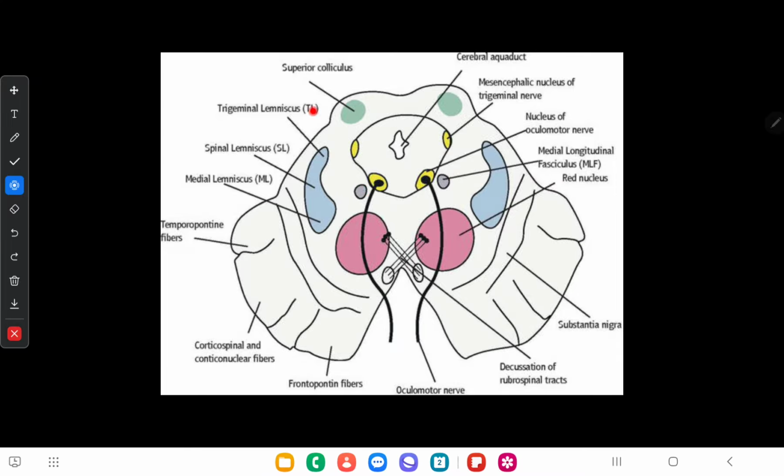Here is also a cross section of the midbrain at the level of the superior colliculus. Remember that each part in this midbrain cross section is important in neuroanatomy when you describe the pathways of cranial nerves. Here is the red nucleus, the substantia nigra, the crus cerebri, and the lemniscus: trigeminal lemniscus, spinal lemniscus, medial lemniscus.